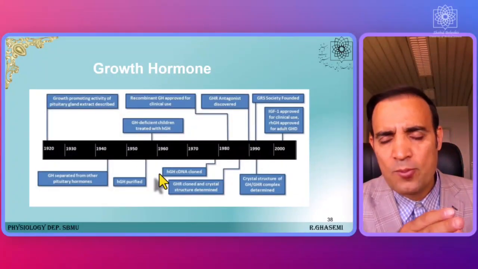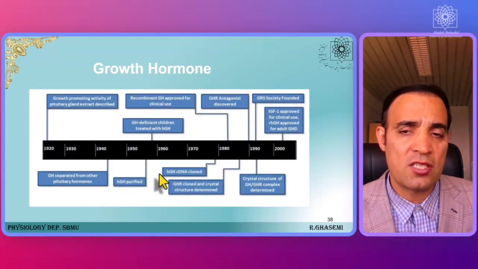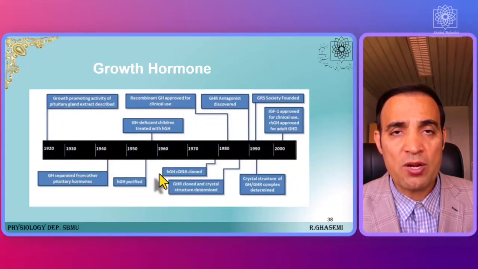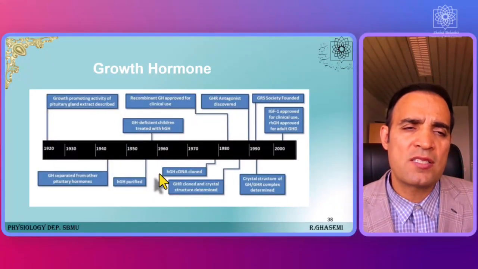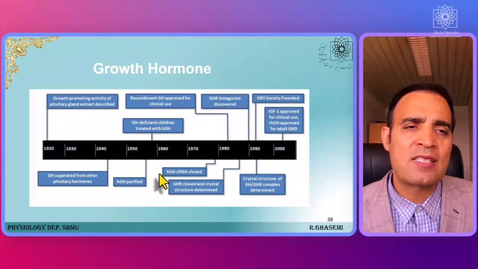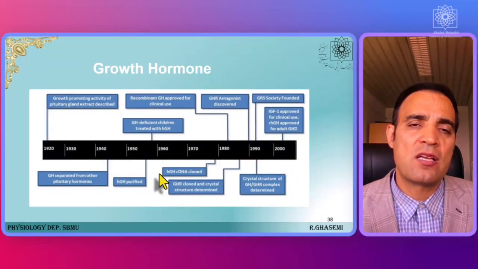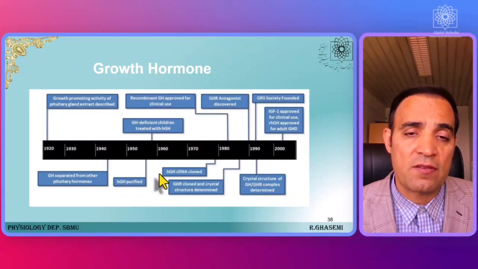This is a time scale in the 20th century and shows the process of growth hormone discovery. More than 100 years ago, it was first extracted and described as a hormone. Then it was prepared as a drug, and when it was injected in growth deficient children, it was very effective.